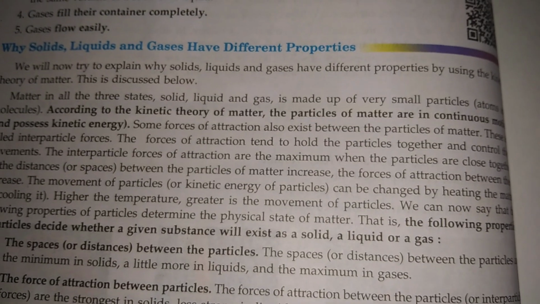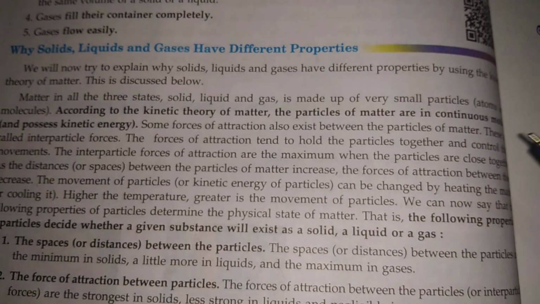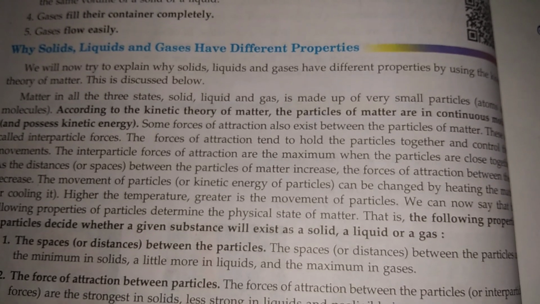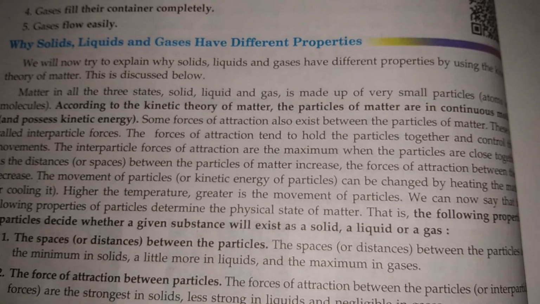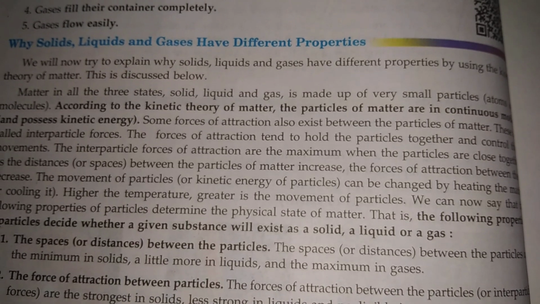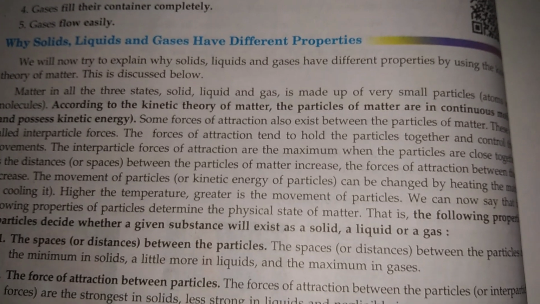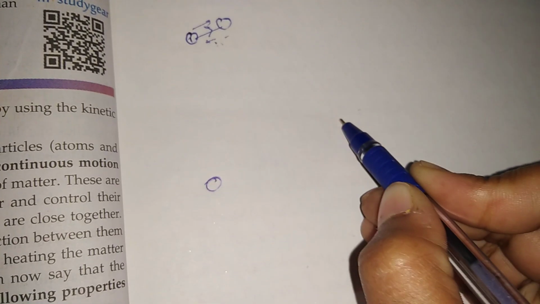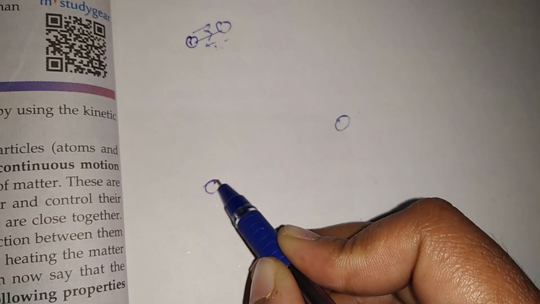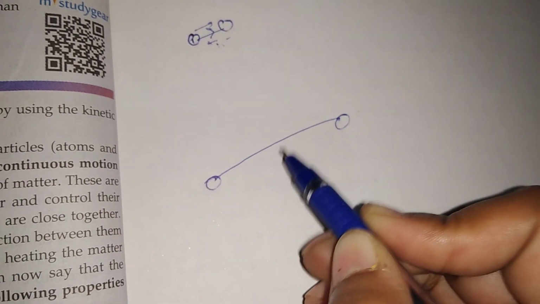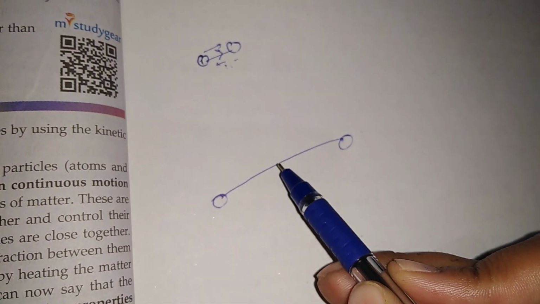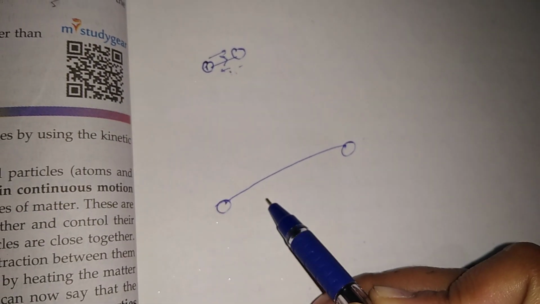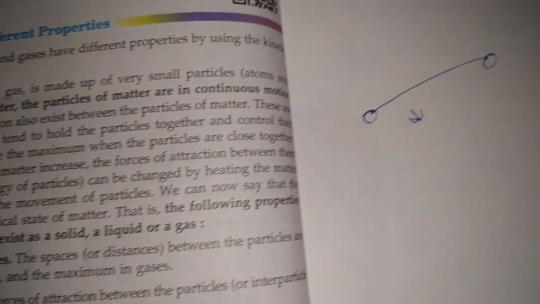When these particles are closer and nearer to one another, there is a strong force acting between them, right? But when the distance between the particles increases, imagine here is a particle and here is another particle, and now the distance between them has been increased, then the force of attraction between them will decrease, right?